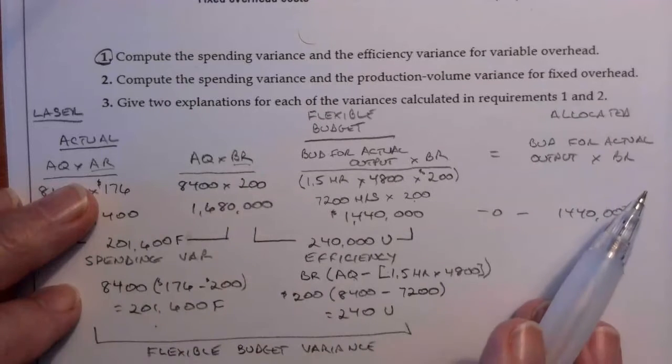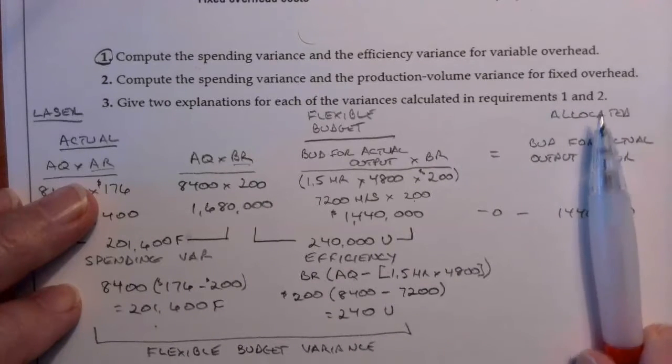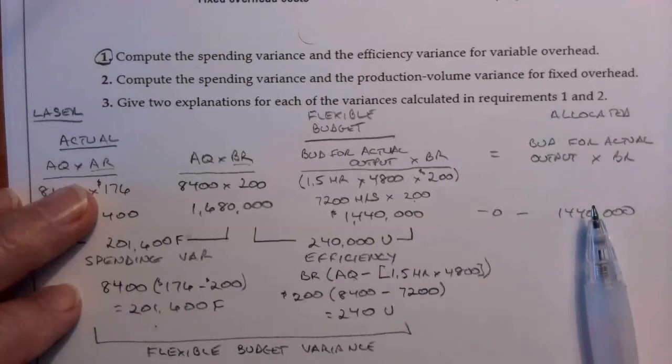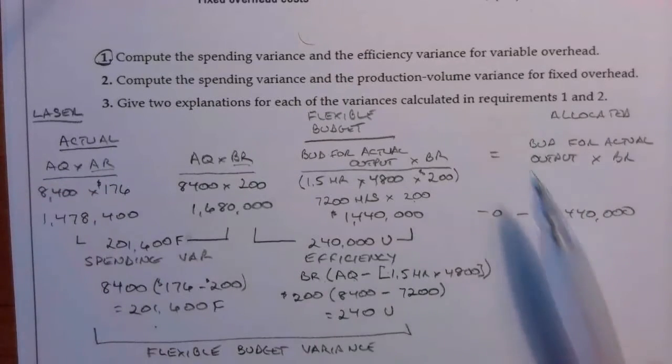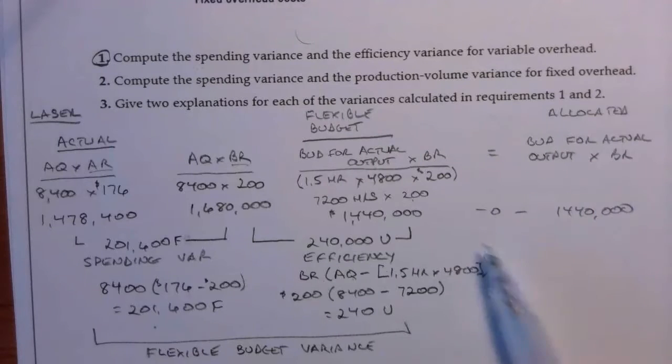And then flexible, okay, the fourth column is here because this is used in other areas, but it doesn't really apply to these variances. There's no difference between this formula and this one, so there's never any variance. So for spending and efficiency variance, that's what we're looking at.